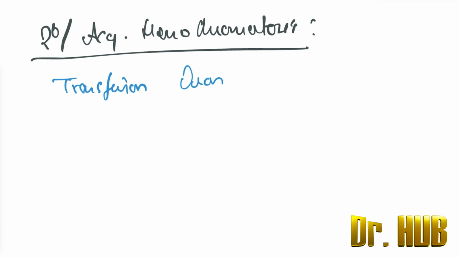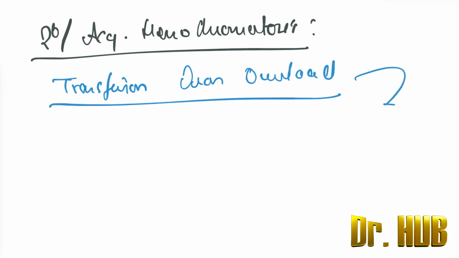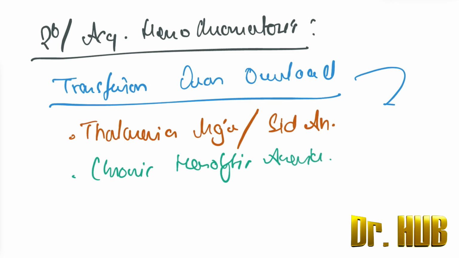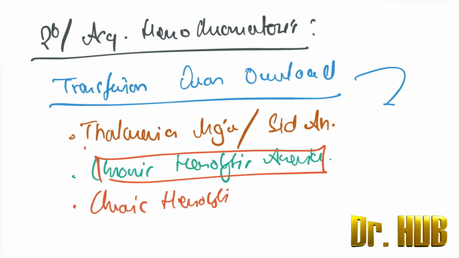Under transfusion iron overload, this may include thalassemia minor, thalassemia major, sideroblastic anemia, as well as chronic hemolytic anemias.